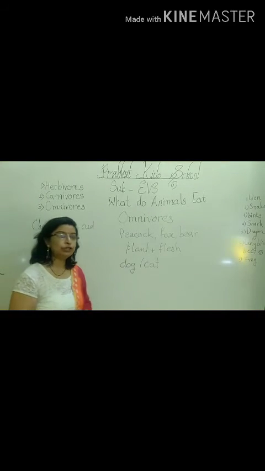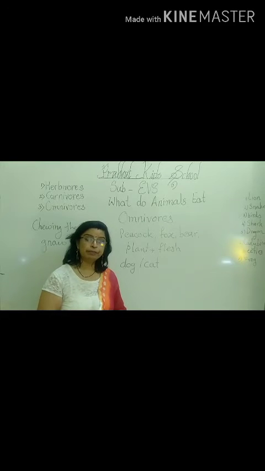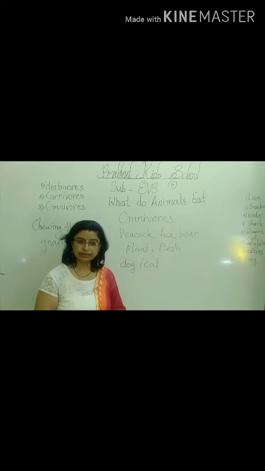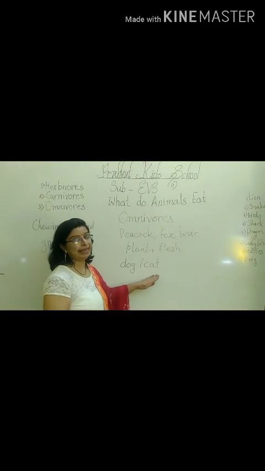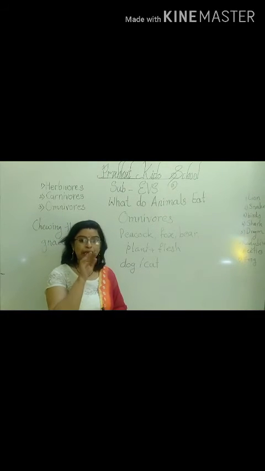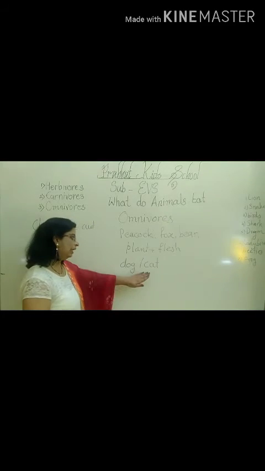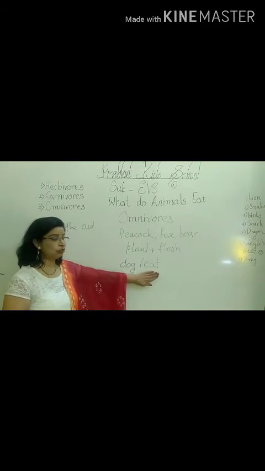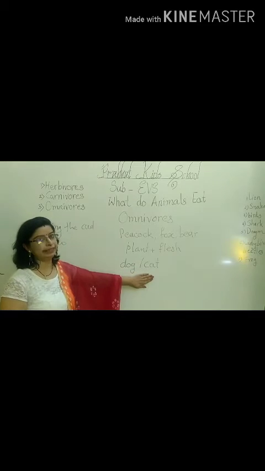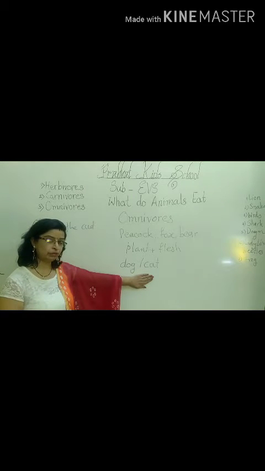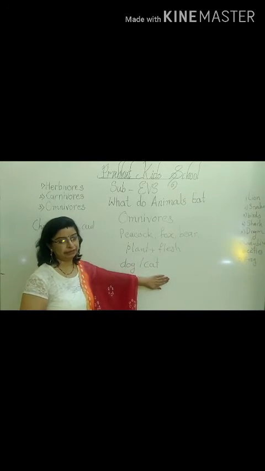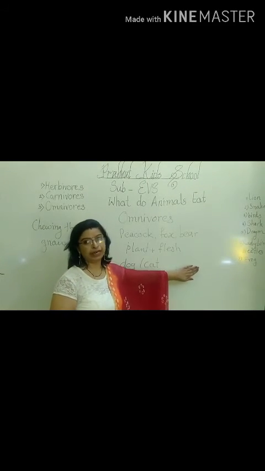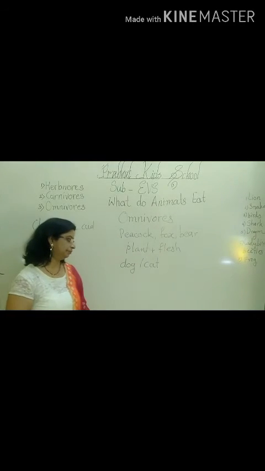See students, if you give them water or milk, any liquid, they take their tongue out from their mouth and lap that liquid. They lap up the food. So this eating habit is known as lapping. Which animals do this? Dog and cat. They lap up the liquid, the milk or the water.